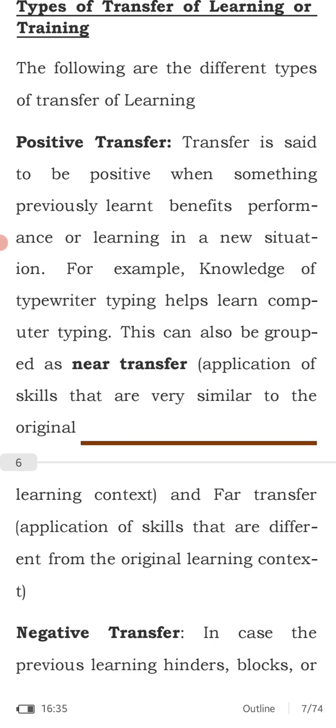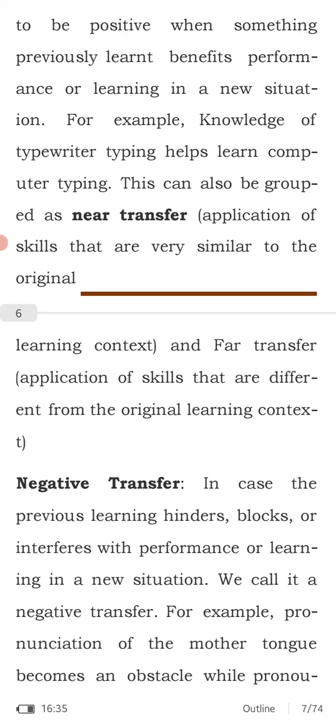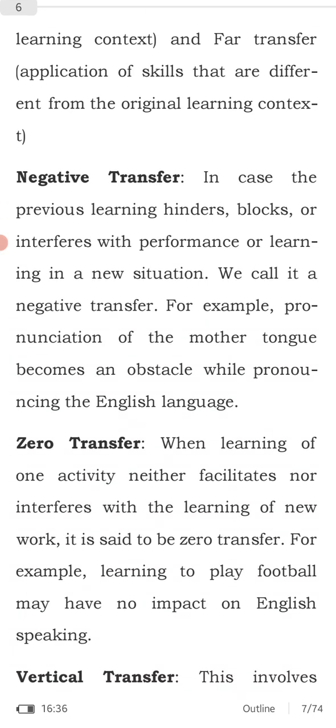Now, this can also be grouped as near transfer, the application of skills that are very similar to the original learning, and far transfer, which is application of skills that are different from the original learning context. Now, negative transfer.